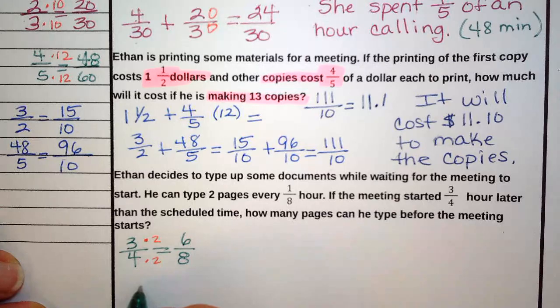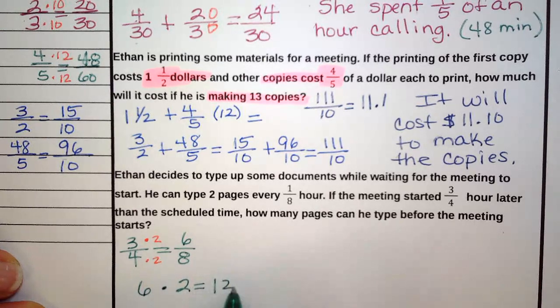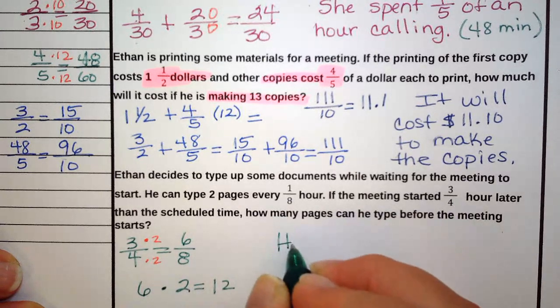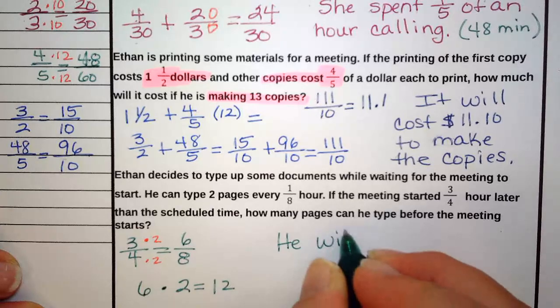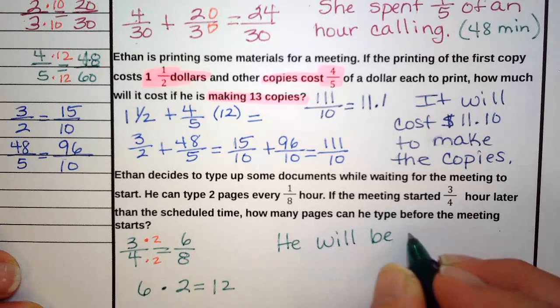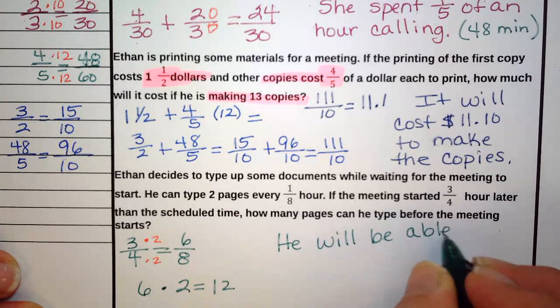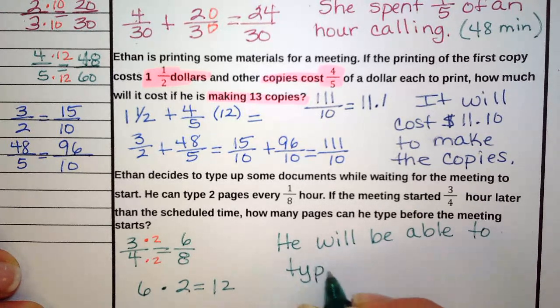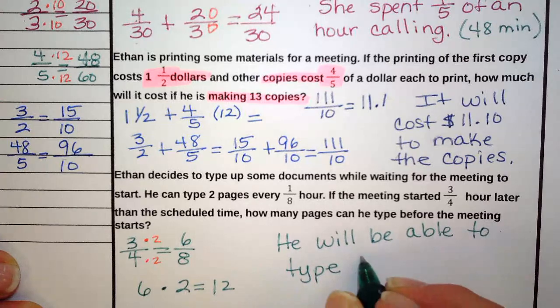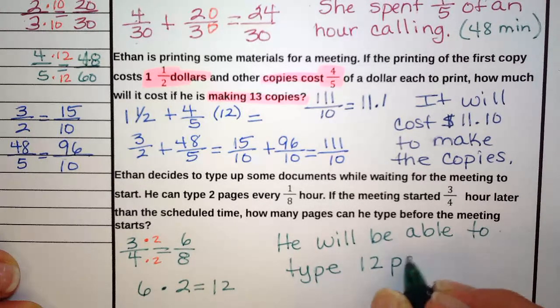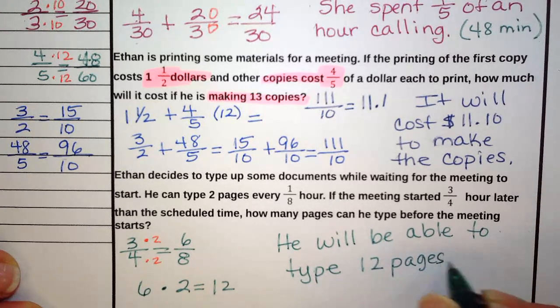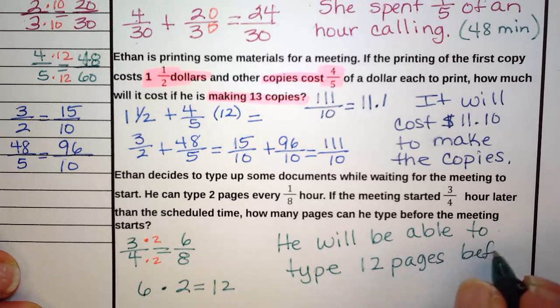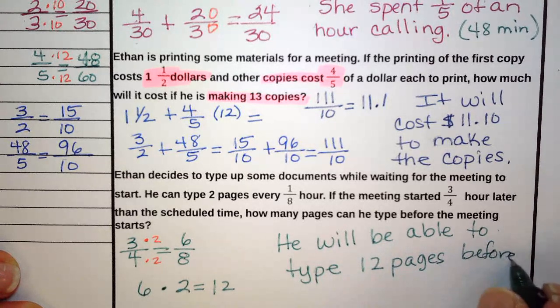So 6 times 2 is 12. He will be able to type 12 pages before the meeting starts.